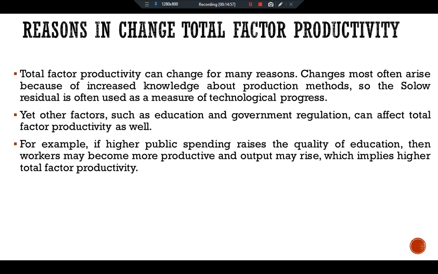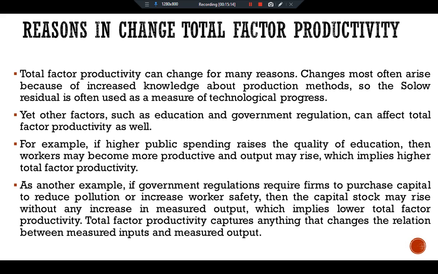For example, if higher public spending raises the quality of education, then workers may become more productive and output may rise, which implies a higher total factor productivity.